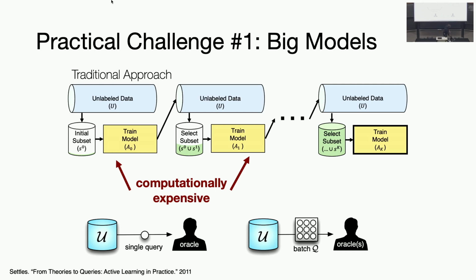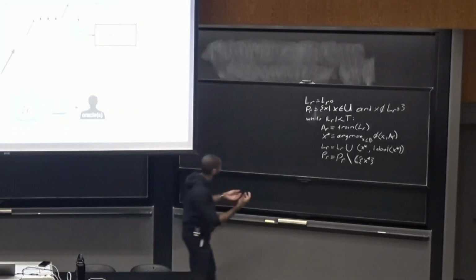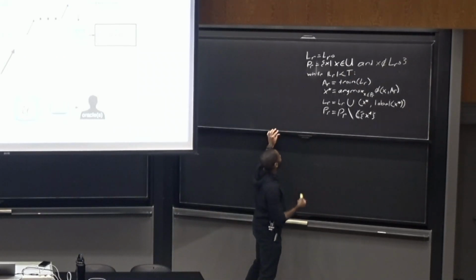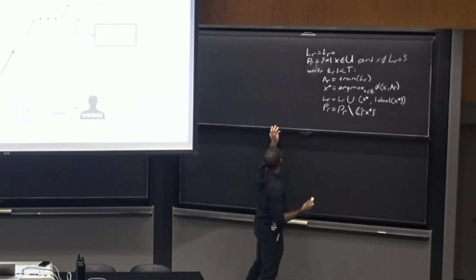So if we go to the code that we wrote before, it's more or less going to be the same when we think about batch active learning versus single example active learning.